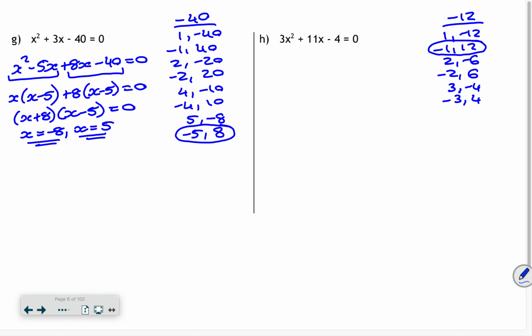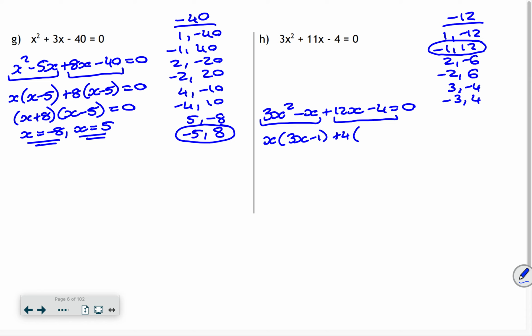So that will give us 3x squared minus x plus 12x minus 4 is equal to 0. Many common factorise. So it'll be x bracket 3x minus 1. And then I need to take out a common factor here of 4 to make the same.